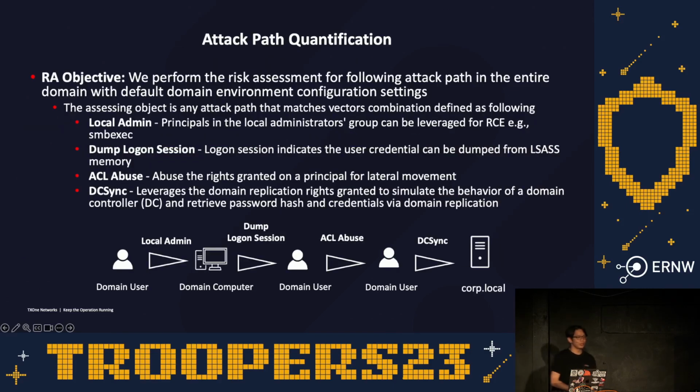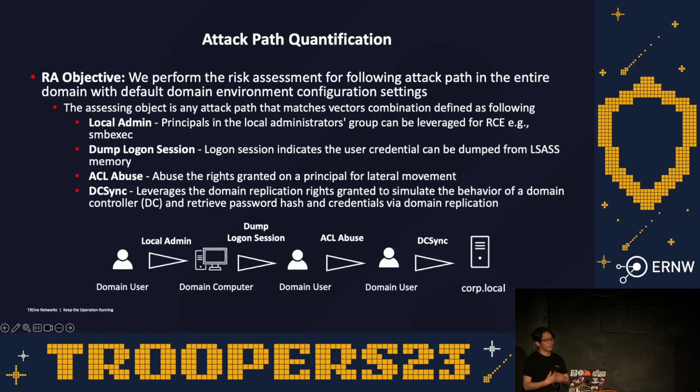So here we're seeing the example. In this attack path risk assessment example, the objective is to assess any attack paths that match the scenario we define. For the first attack vector, we have a local admin.